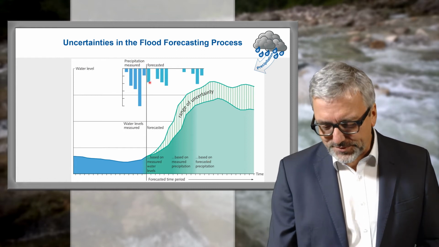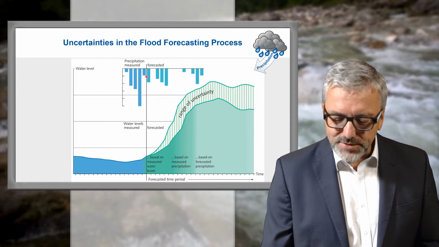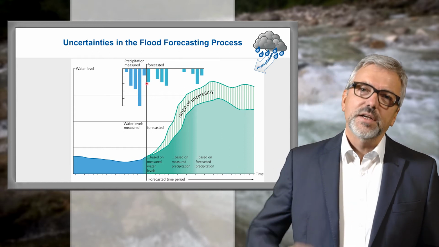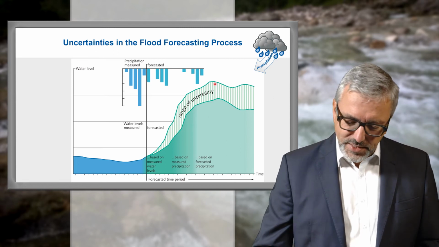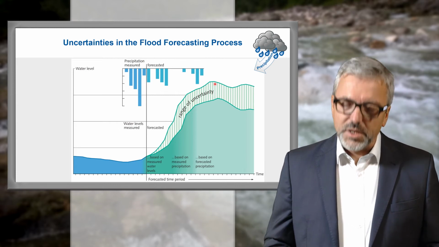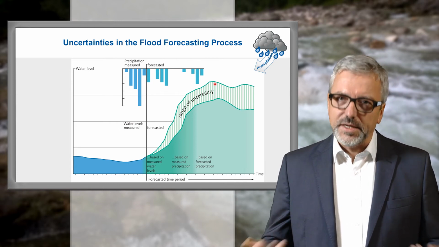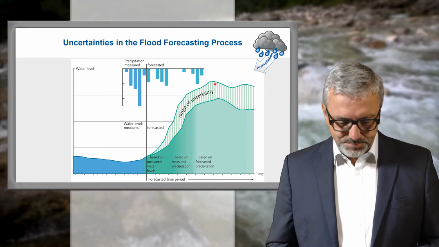And you also have to transform this forecasted precipitation to runoff and then to the routing process. Okay, and you see the uncertainties are getting bigger and bigger, and normally you cannot forecast more than 4 or 5 days. All the rest after that is chaos.